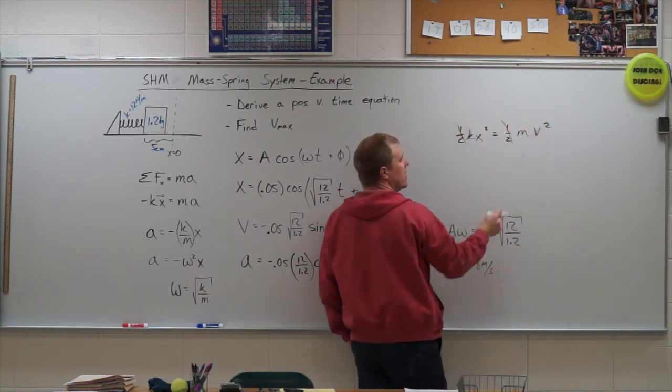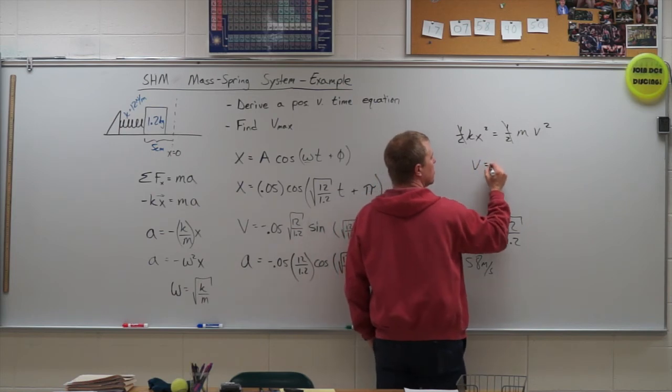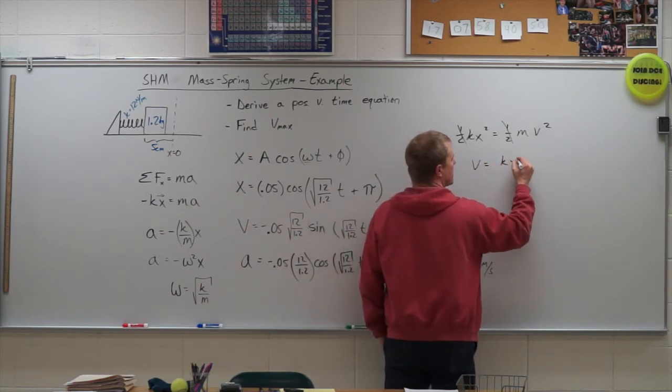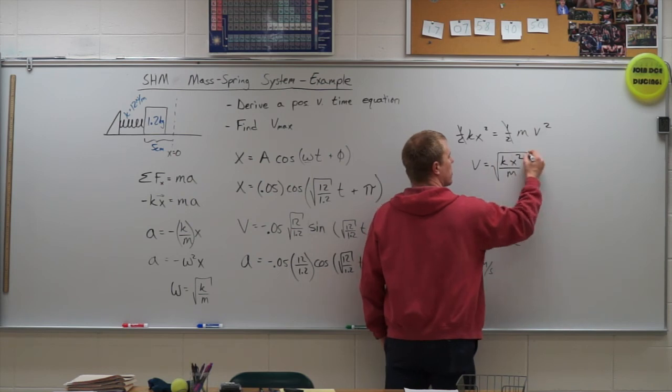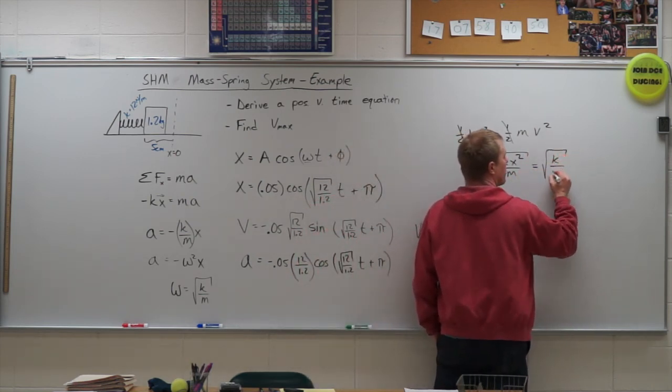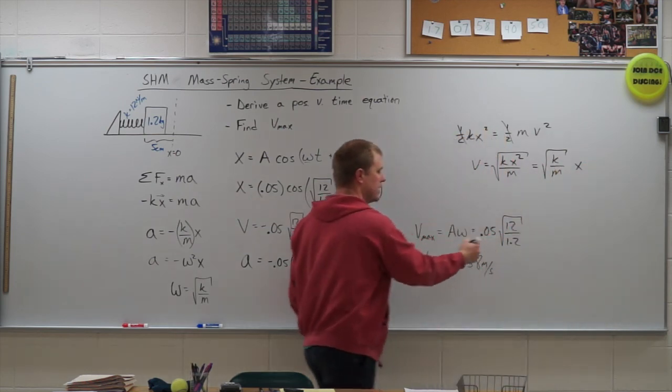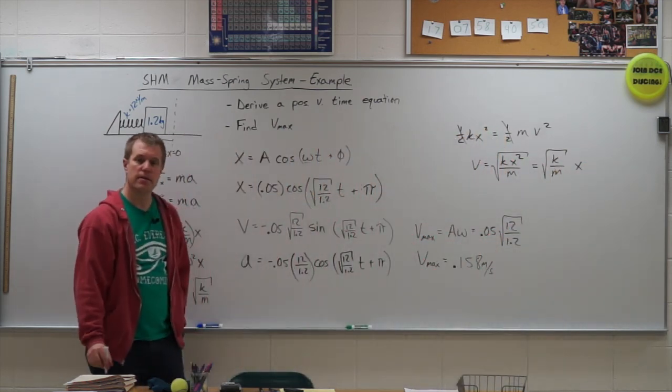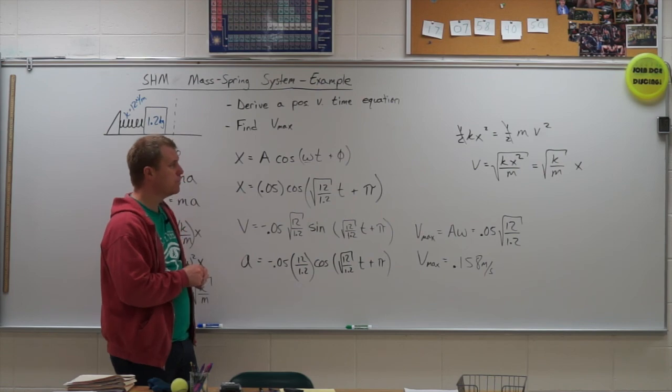The 1/2s cancel. And so v is equal to the square root of kx squared divided by m, and you also end up with the square root of k over m times x, the exact same setup. So pretty cool. There you go.